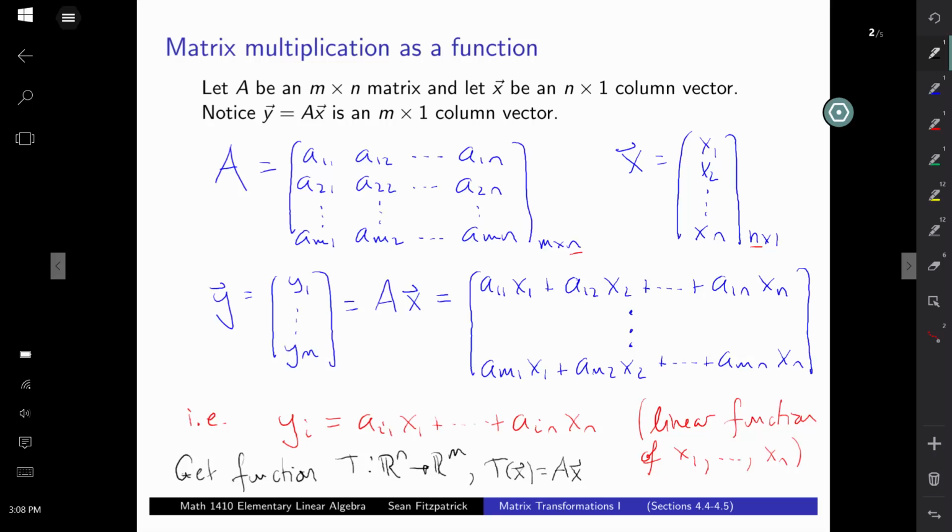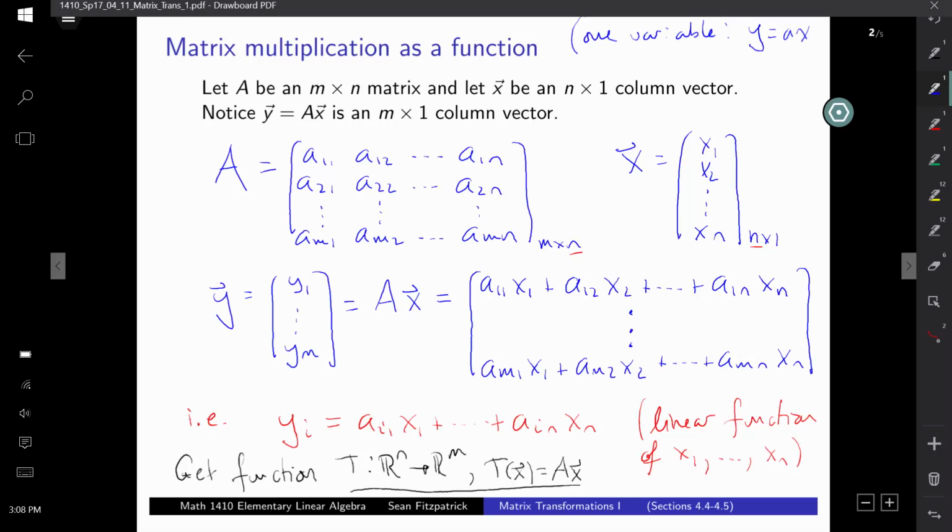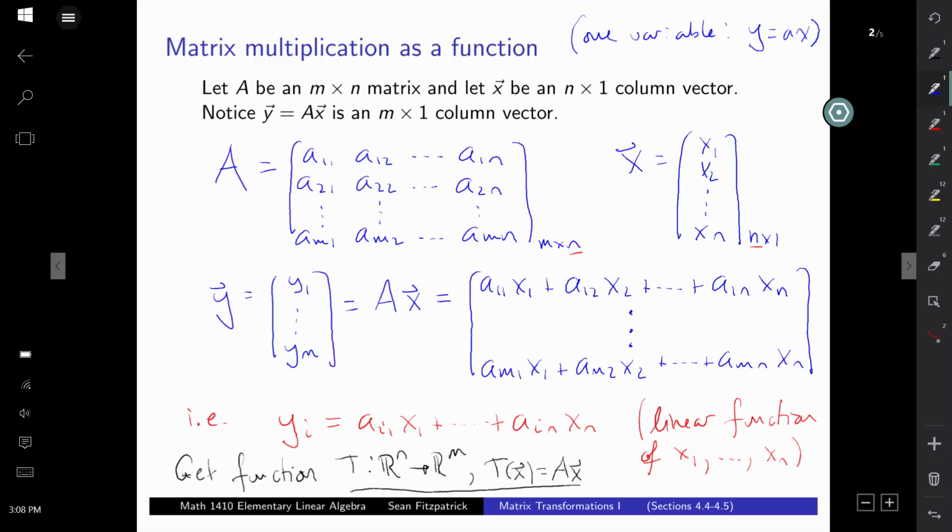This is the many-variables analog of a linear function in one variable. Think about one variable: you're thinking about something like y equals a times x. That's your very basic example, where you can think of that number a as a 1 by 1 matrix, if you like.